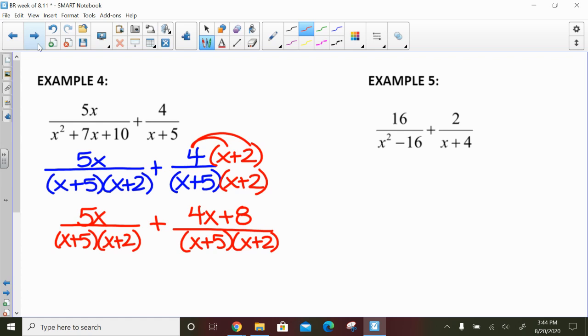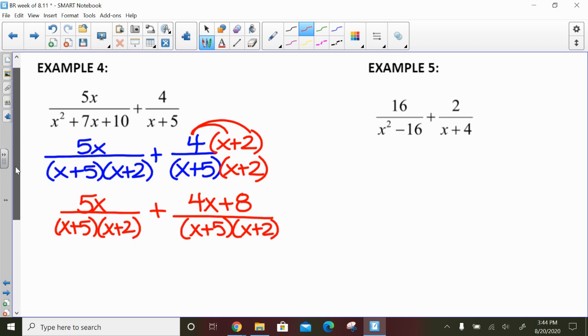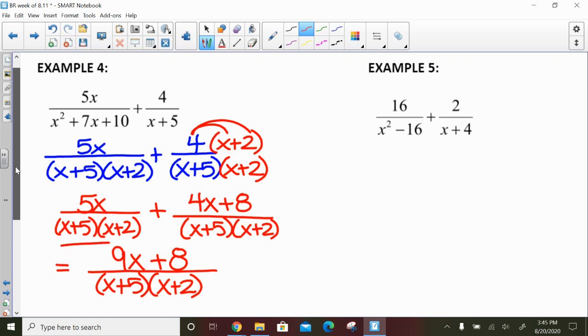Okay, and now what I want to do is combine like terms on the top so that I can pull these 2 separate fractions together. So I have 5x plus 4x, which will give me 9x, plus the 8, it doesn't have any like terms, and then you can just leave the bottom here. You cannot factor the top anymore, so nothing is going to cancel. So this will be your final answer for that.